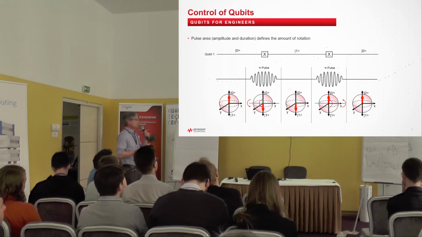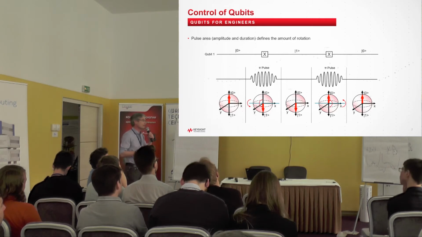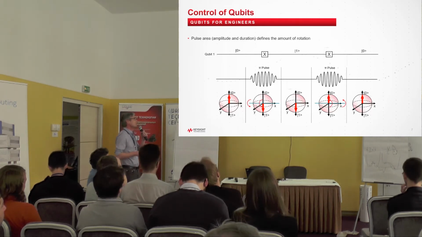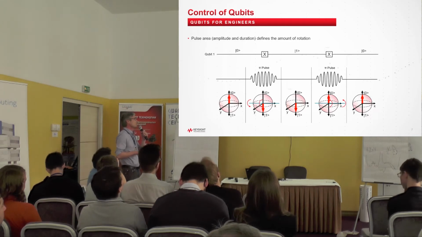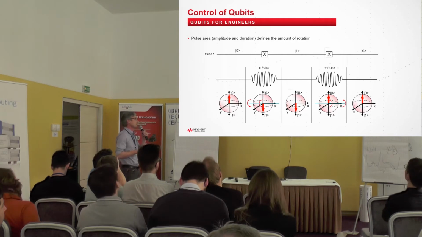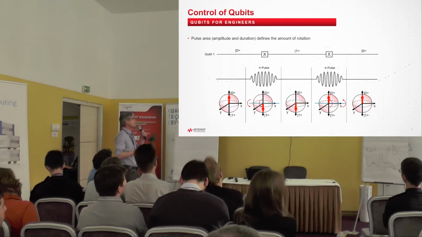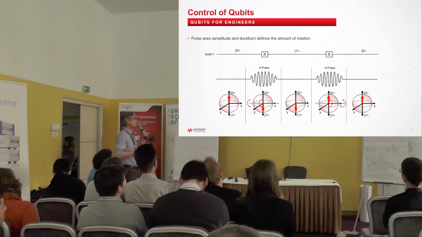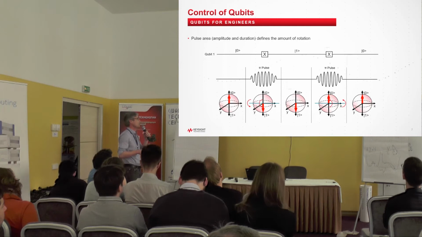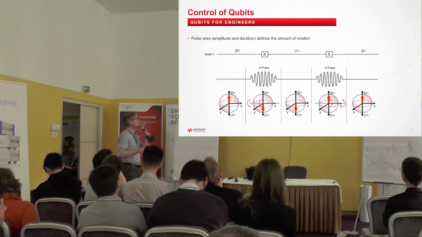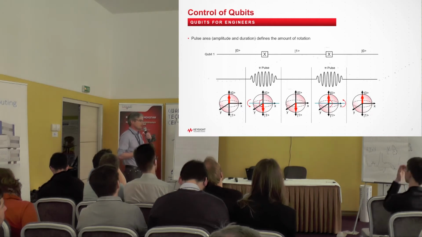As was perfectly explained, you will need control pulses. This is called a pi pulse because it rotates the vector by pi, or 180 degrees, and this is basically a NOT gate, transferring your state from 0 to 1 or back from 1 to 0. To make this pulse, you need to do a lot of experiments.